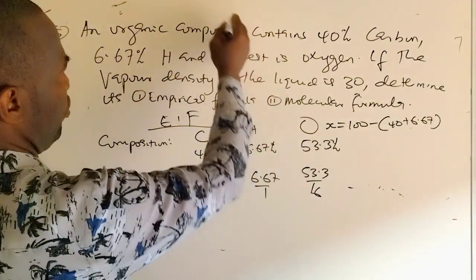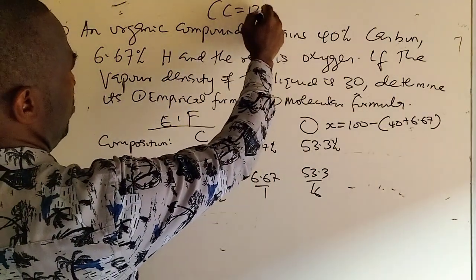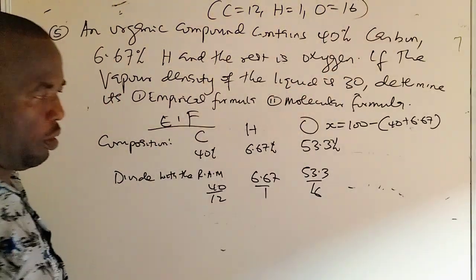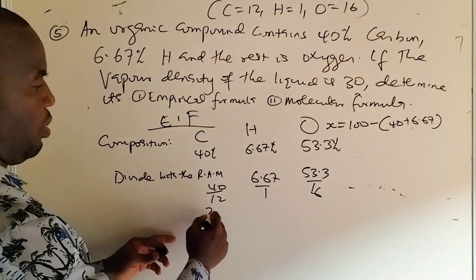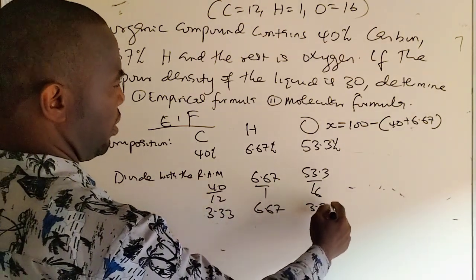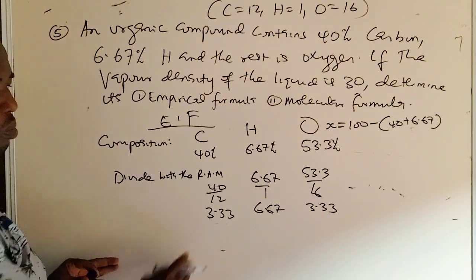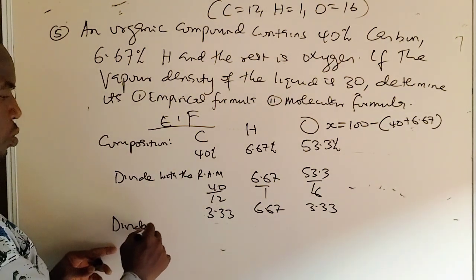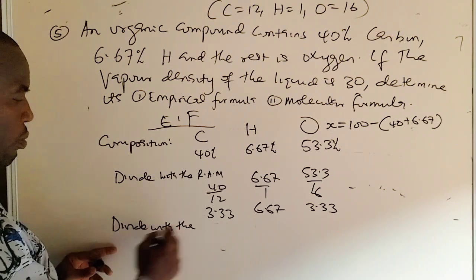All the values should have been given to you in the bracket, but if omitted, you have to know them. Having done that, you get 3.33, 6.67, 3.33. We obtain the number of moles. Then the next thing is to divide by the smallest mole.